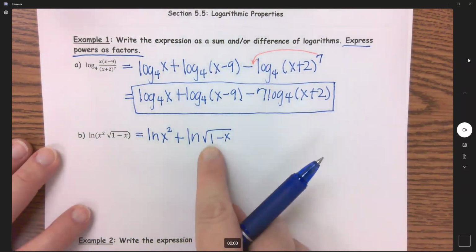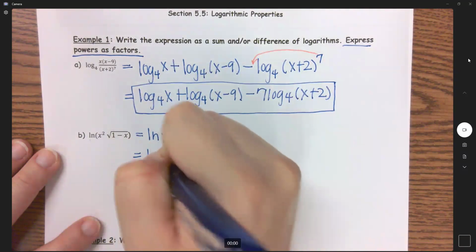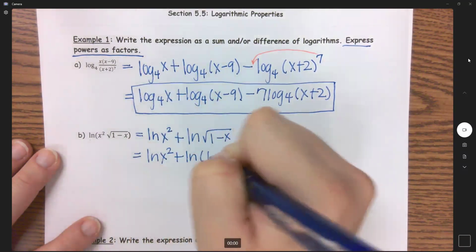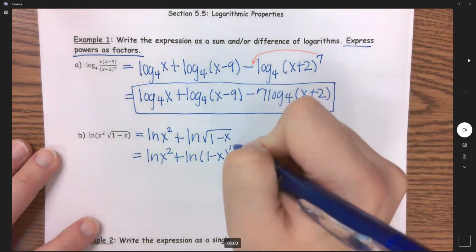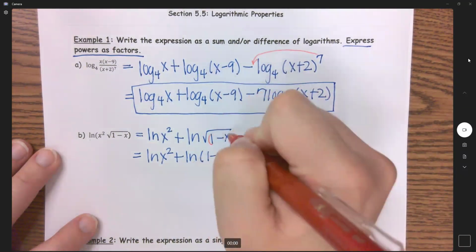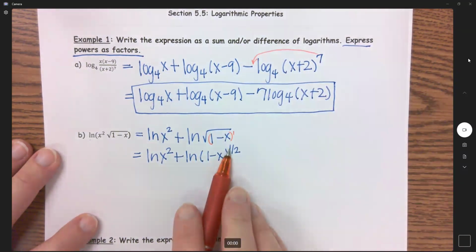Now, we need to express this radical as a rational exponent. We're going to have the natural log of x squared plus the natural log of 1 minus x to what power? Square root is always to the 1/2 power. You can think of this as having an exponent of 1. So there's the numerator.